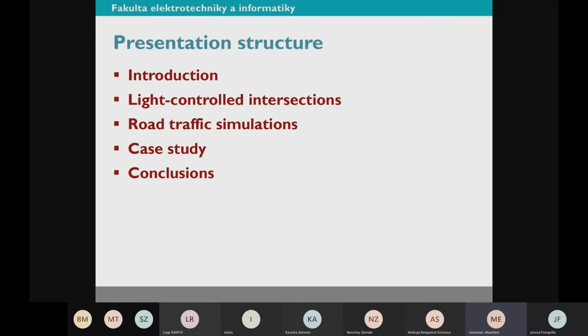And the main focus will be on the case study, where the selected segment of the road network of our university city will be used. At the end, I will make some concluding remarks connected with recommendations of using simulations of road traffic.